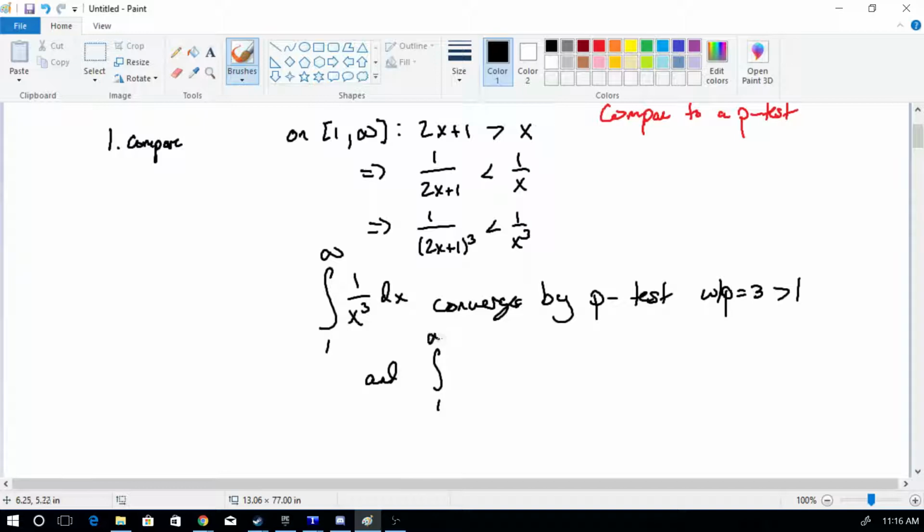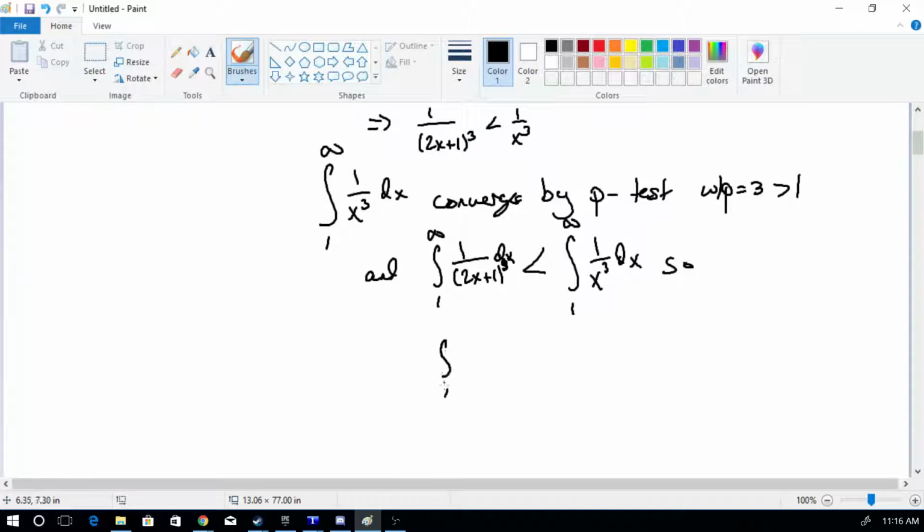And the integral from 1 to infinity of 1 over (2x plus 1) cubed dx is less than the integral from 1 to infinity of 1 over x cubed dx. So we know the integral from 1 to infinity of 1 over (2x plus 1) cubed dx converges by the comparison test.